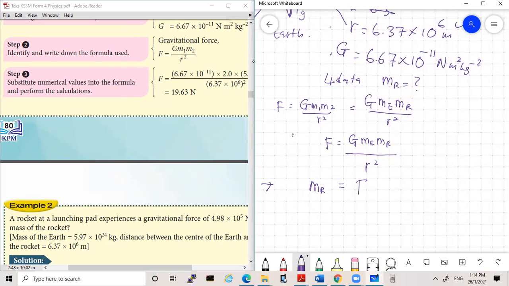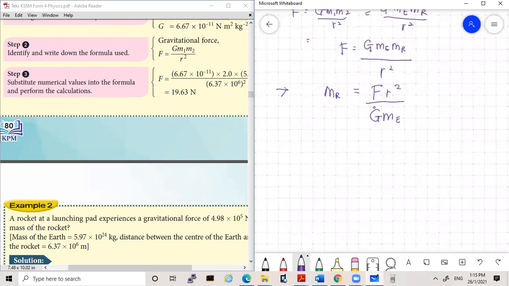So we have force times R squared, we bring it to our left-hand side. It becomes a multiplication: F R squared divided by G ME. So you need to be familiar with this change of position, which you have learned in your mathematics, so that it will be easier for you.